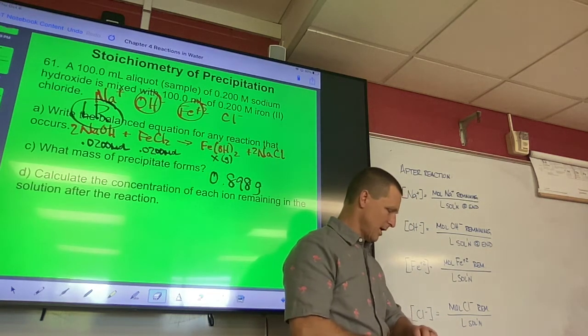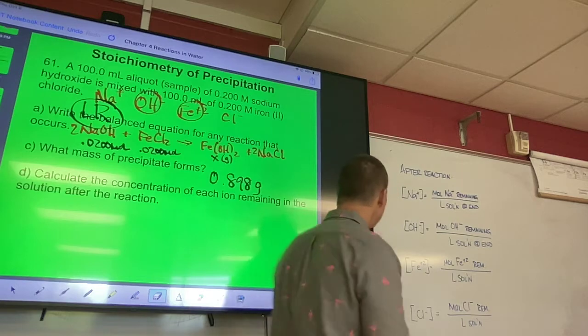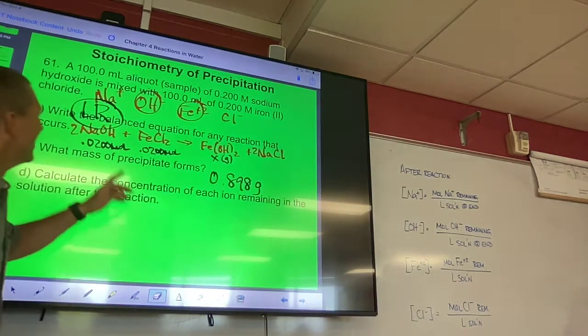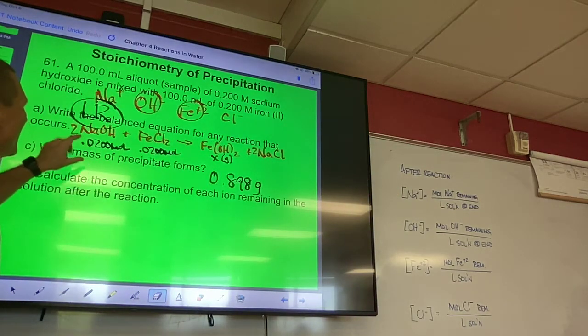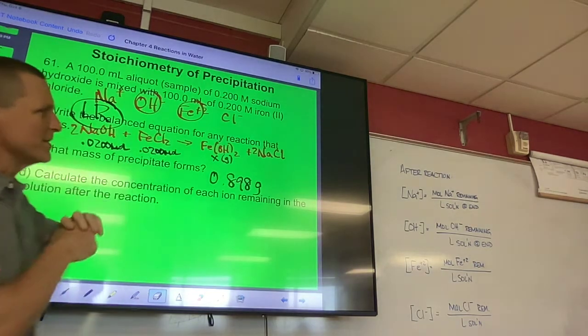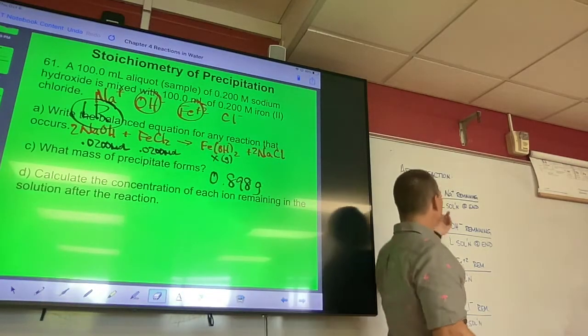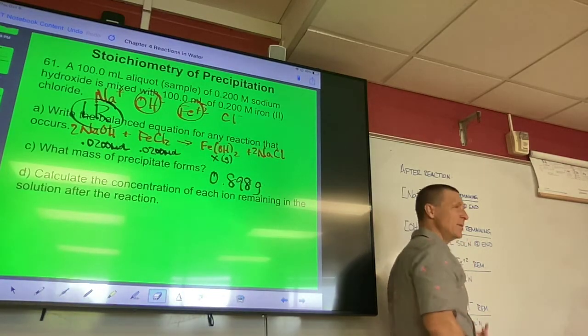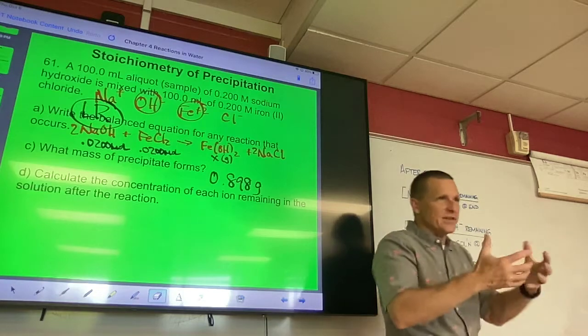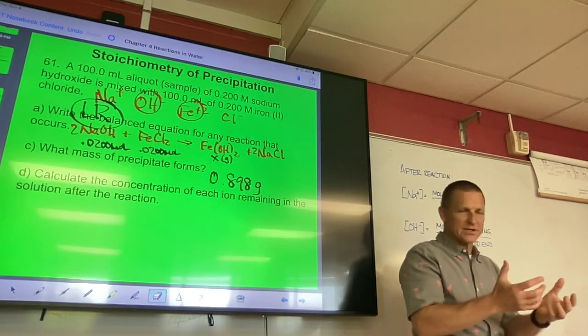Okay, let's try this. The sodium. Oh, before we do the moles, let's talk about that denominator. What is the denominator for all four of these? It's going to be the same because all of the ions are in the same solution after it's combined.